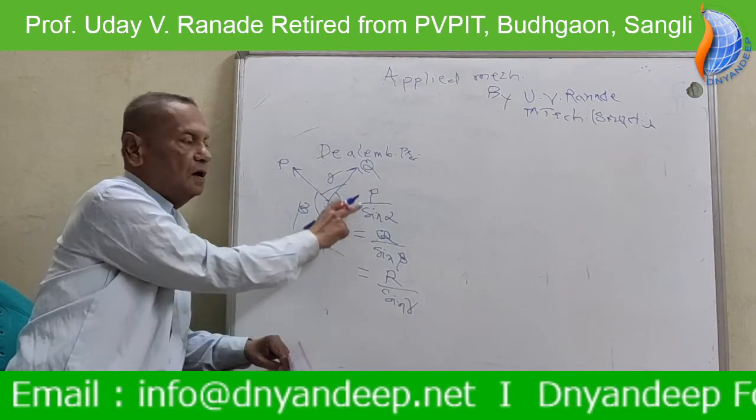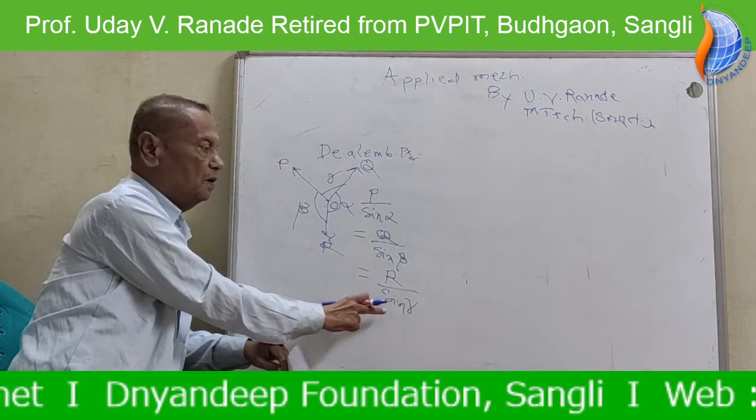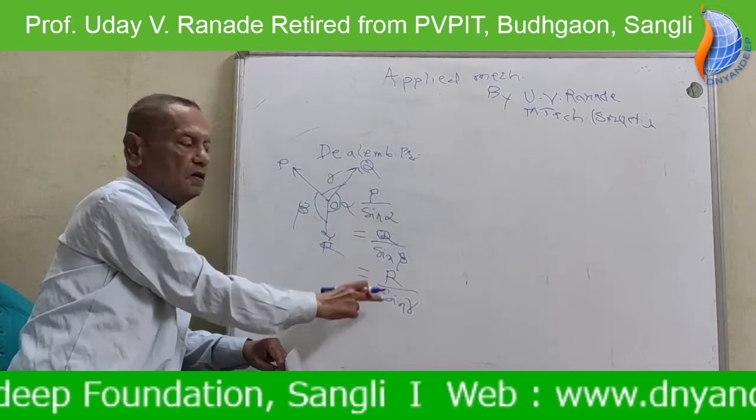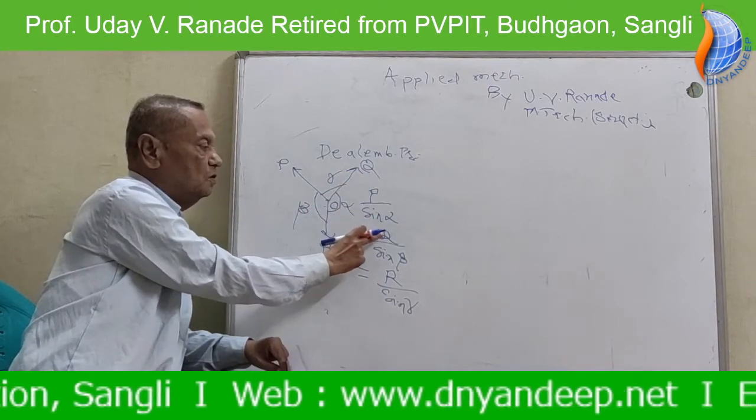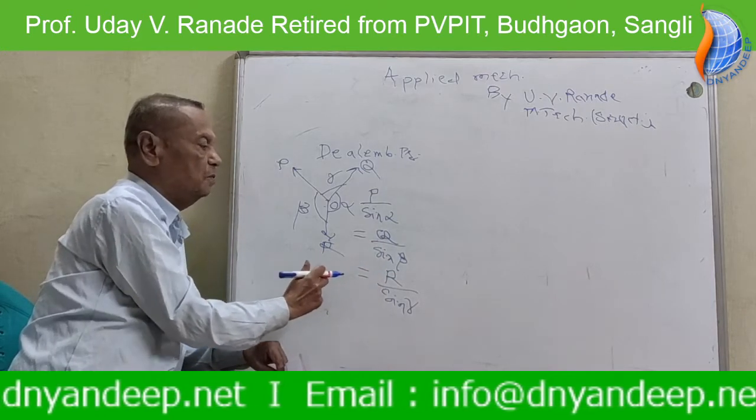Then apply the principle, P upon sin alpha, Q upon sin beta, R upon sin gamma. In this equation, everything is known except R. So R can be found.